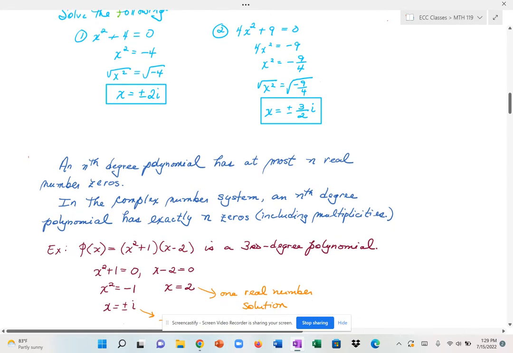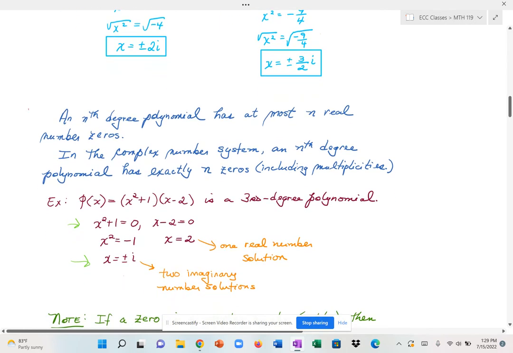So when I set the first factor equal to 0, I again am using the square root method, subtract 1 from both sides, take the square root, x is equal to plus or minus i. Those are two imaginary number solutions. This is part of the complex number system.